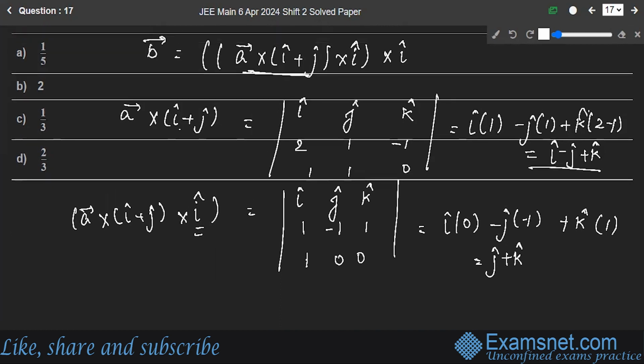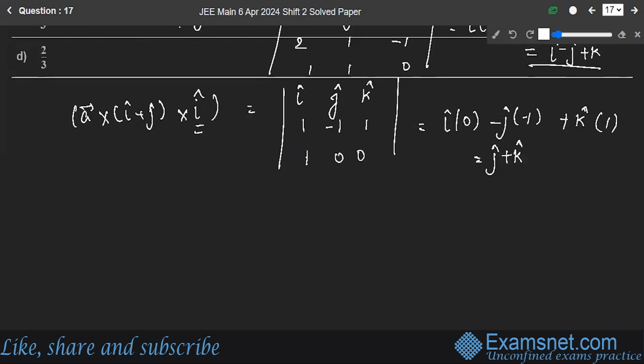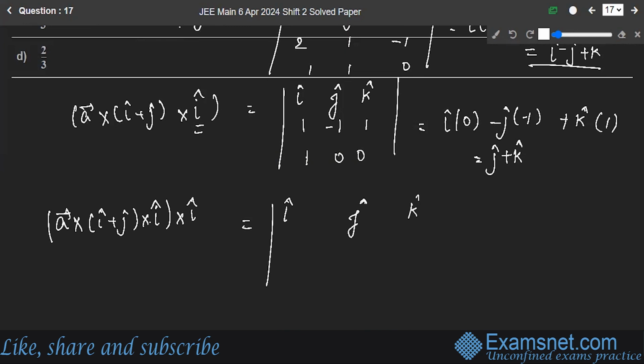One step further. Now I'll be picking this whole term. So this makes it A cross (I plus j) cross I, cross this. Okay, this is being multiplied, right? And now this is again i j k.